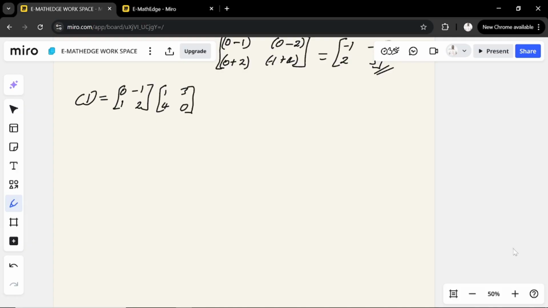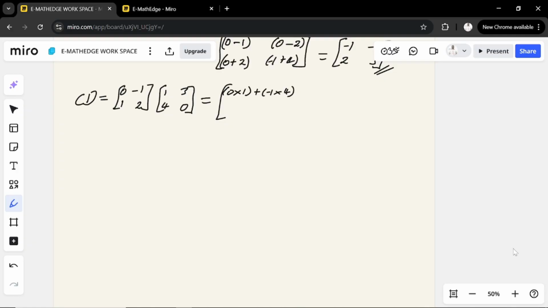So this is matrix multiplication as well. So we are going to apply the same method we do for the first one to get the CD. So it's going to be first row by first column to obtain the element in the first row, first column. So it's going to be 0 multiplied by 1 plus -1 multiplied by 4 for the first row, first column element.